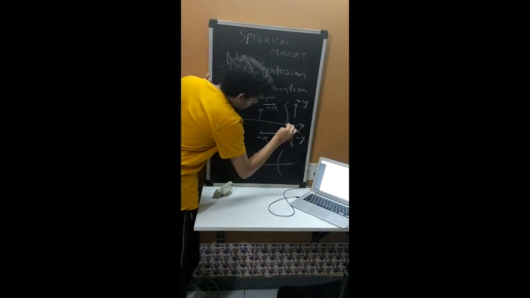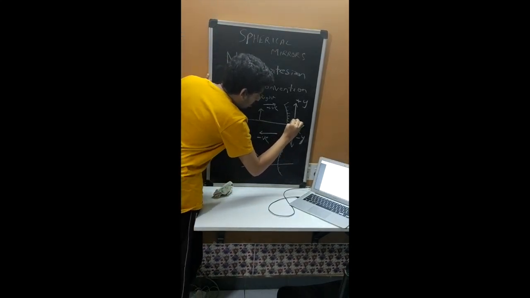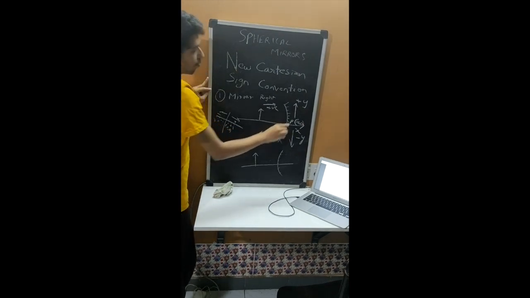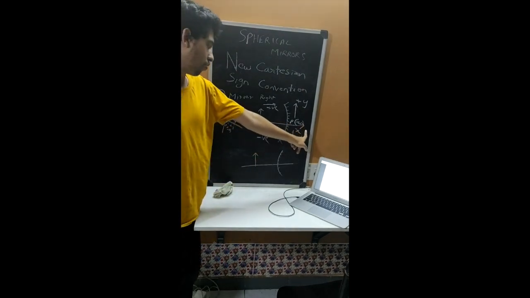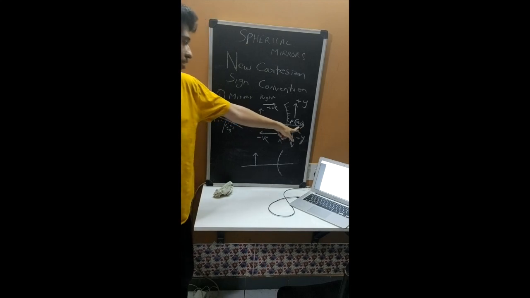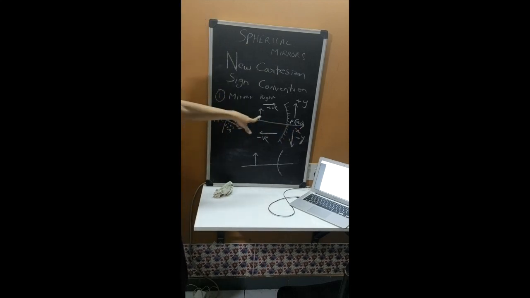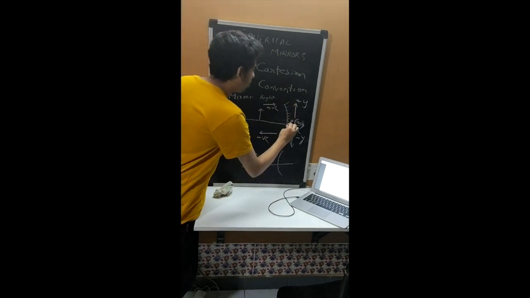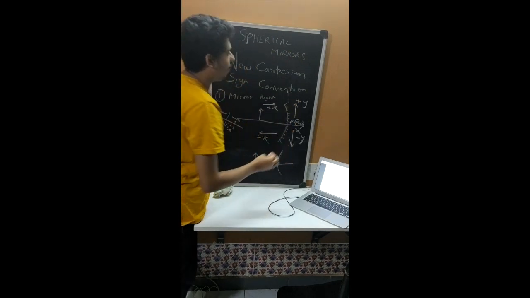This is the pole. The pole is considered as the origin, 0, 0. Like how here we had 0, 0, here the pole will be 0, 0. And this principal axis will be our x-axis, and from the pole if we draw a line like this, that will be the y-axis.